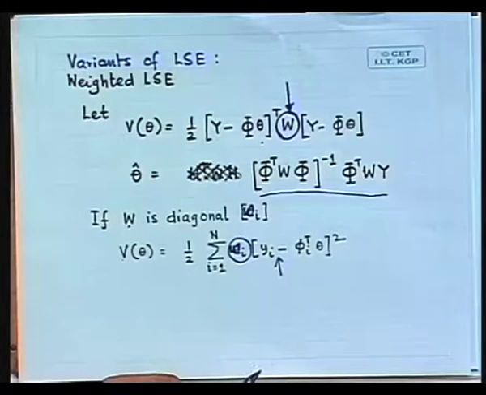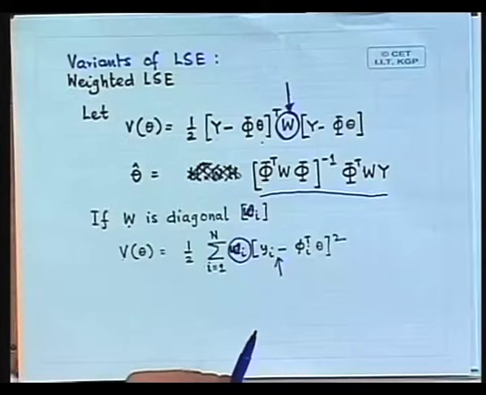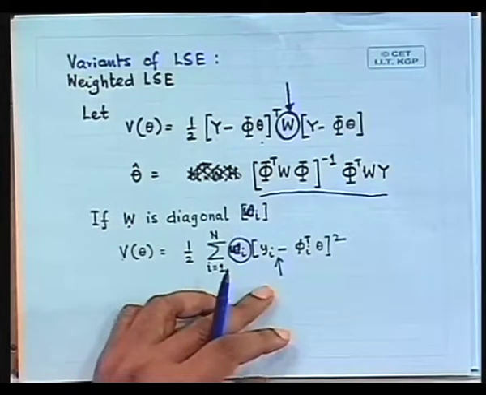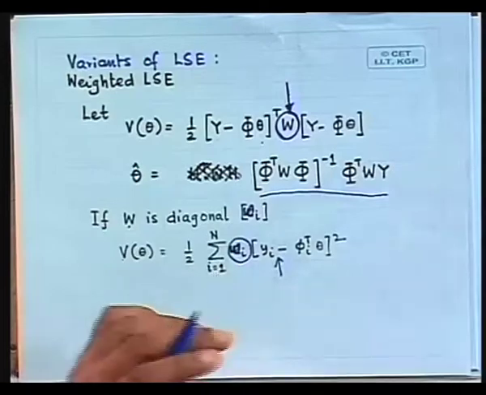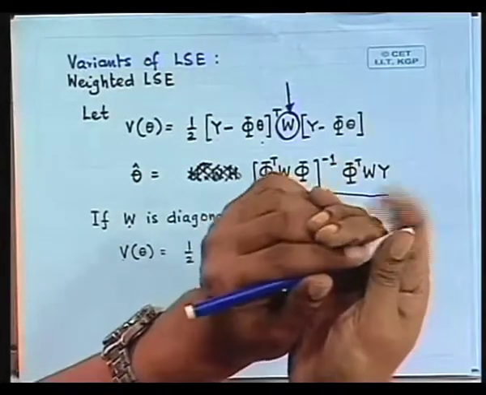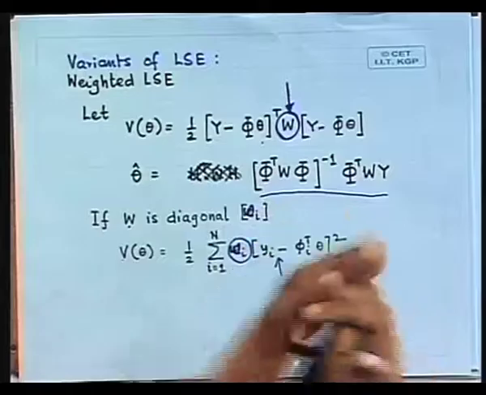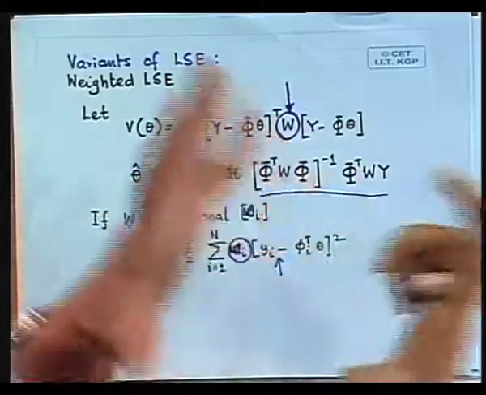Now why should you weight the errors at the various instants? Under what situation may it be necessary? One case is this: you are looking for parameters based on data.